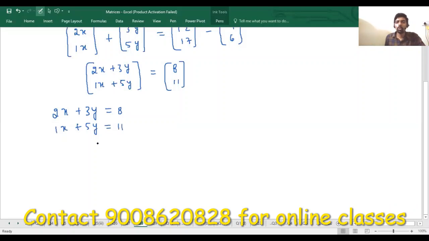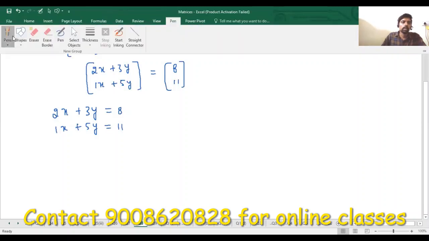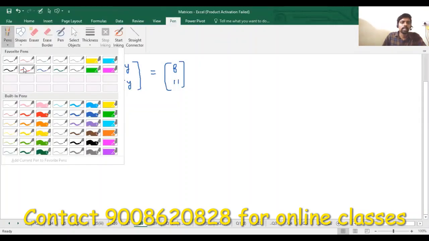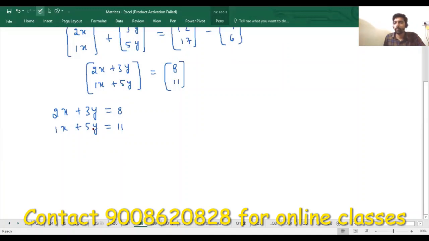So now we need to solve these two equations. To find out the values of x and y, you can solve these two equations under simultaneous linear equation method or substitution method. I will solve this under simultaneous linear equation method.